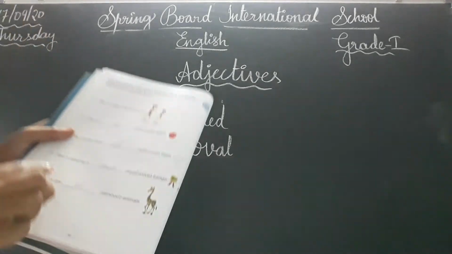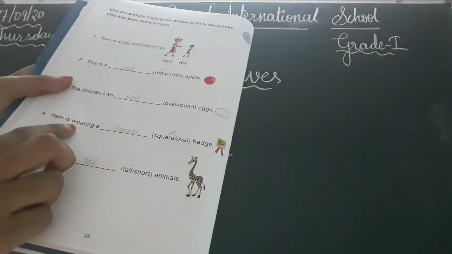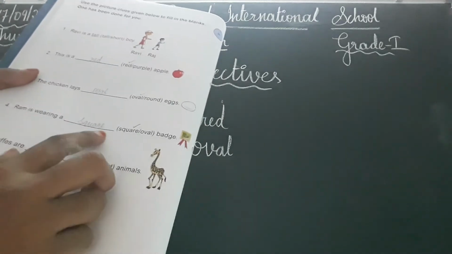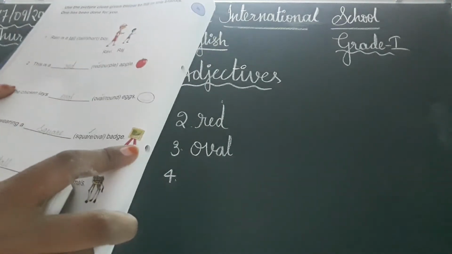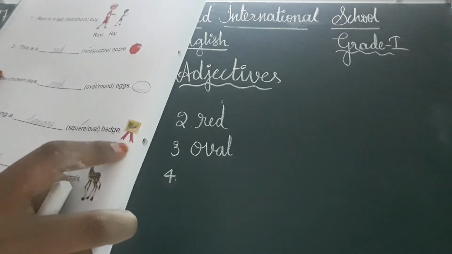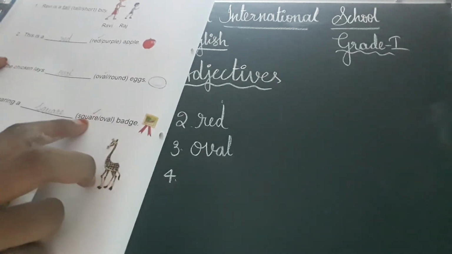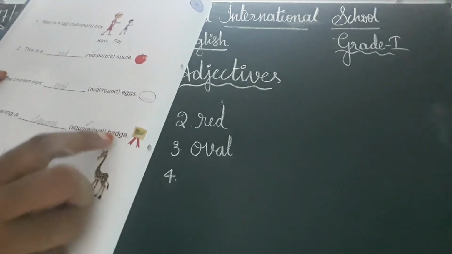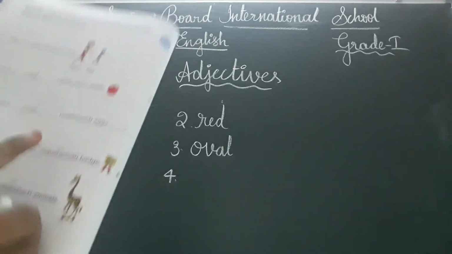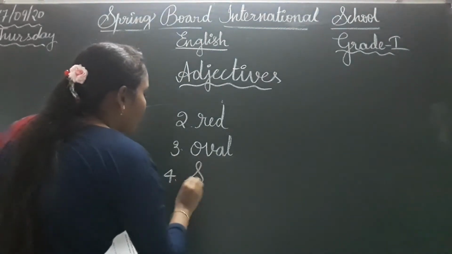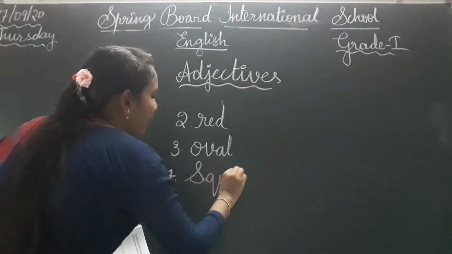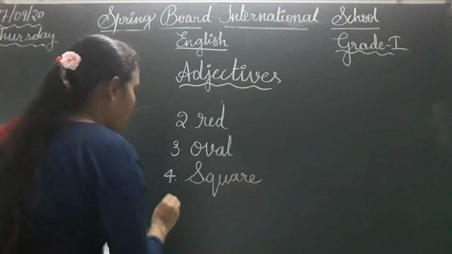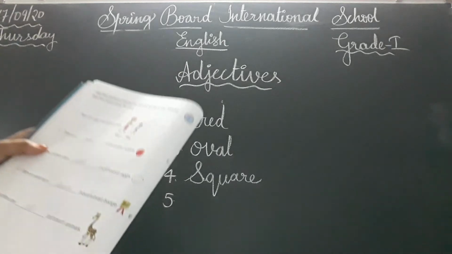And next one, see children. Fourth one. Ram is wearing a blank badge. See here, in which shape is the badge? Square or oval? Already we know oval is this shape, and this one is square. What is the spelling of square, children? S-Q-U-A-R-E. Square.